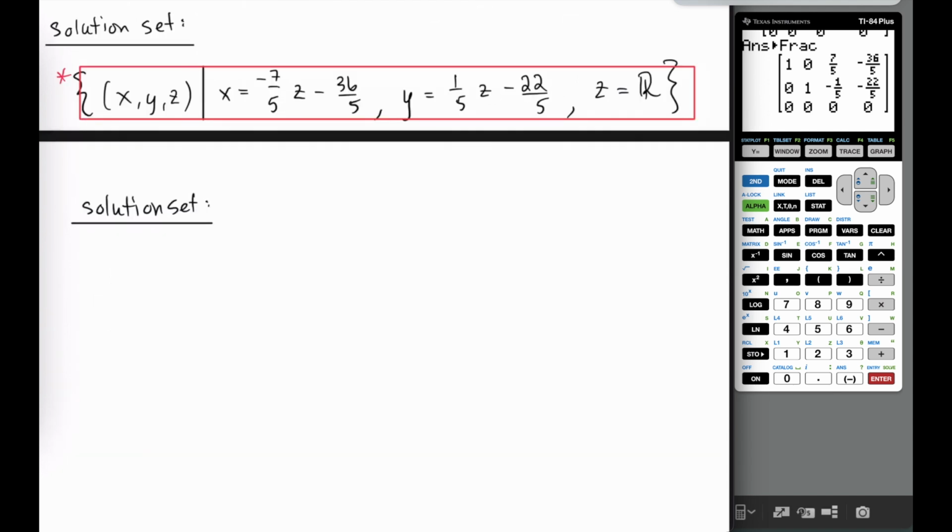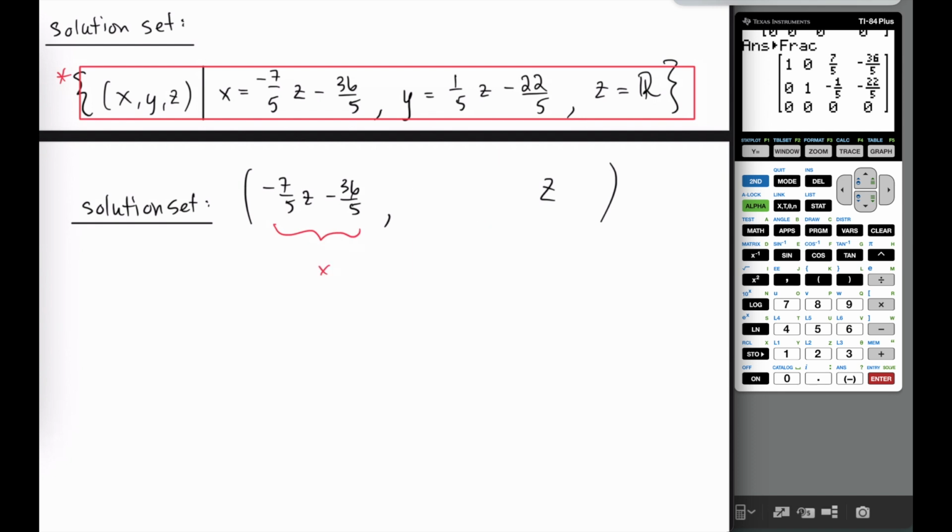A second way that we can write this infinite solution set is just by writing one large ordered triple. An ordered triple would be of the form x, y, and z. So what we could do here is say, given some value of z, x would need to be negative 7/5 z minus 36 over 5. And we don't have to say x is equal to because this equation is in the x position.